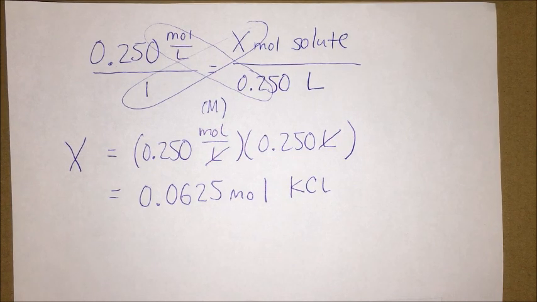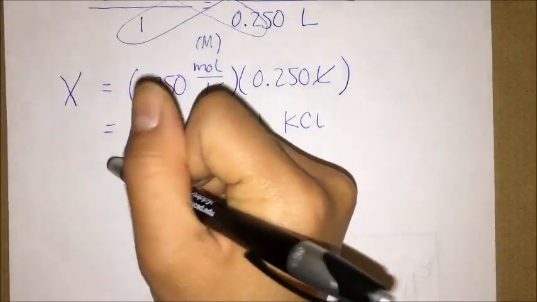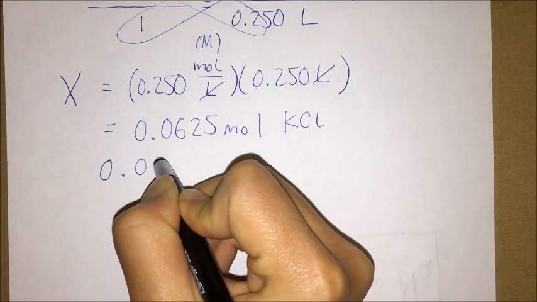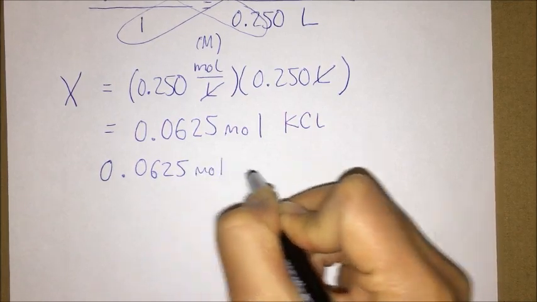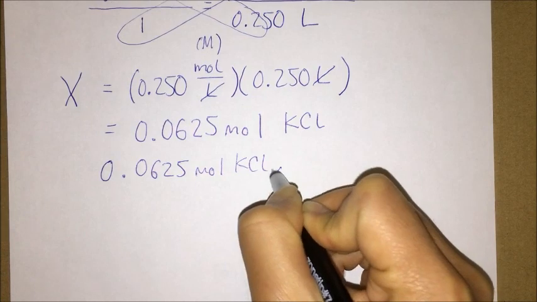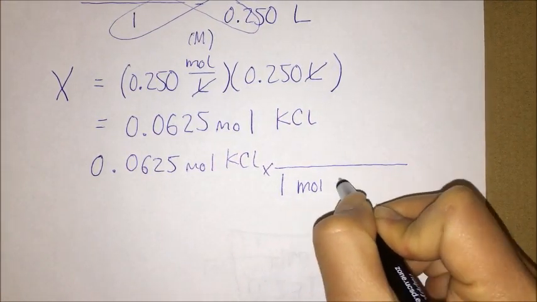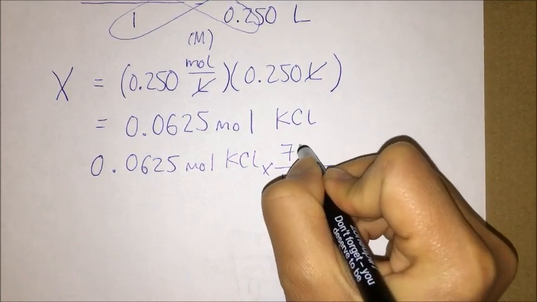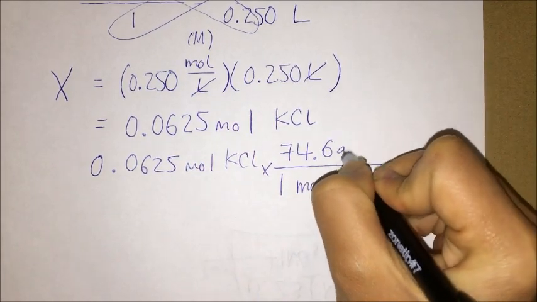But you are not done just yet. The question asks you for the mass of KCl. Just remember, you can convert your moles to mass by using the molar mass of KCl. So we know that for every 1 mole of KCl, it is going to weigh 74.6 grams of KCl.